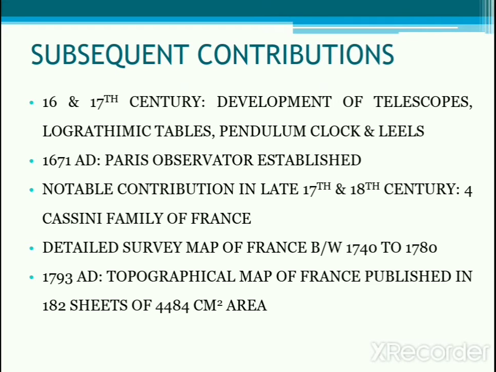In 1744, King Louis XV commissioned Cesar-Francois Cassini de Thury, the third Cassini, to prepare a topographical map of the entire France, showing every city, village and hamlet, including the drainage, water bodies and even the coastline.